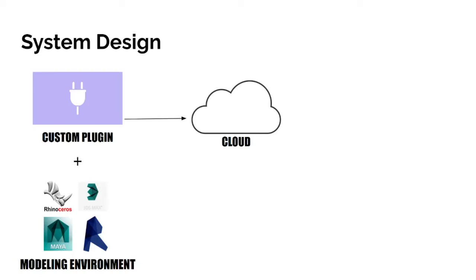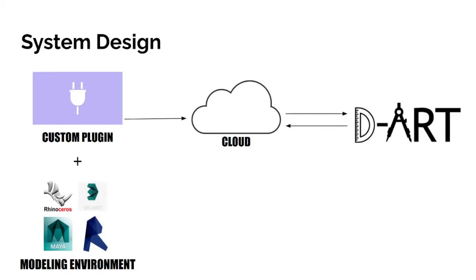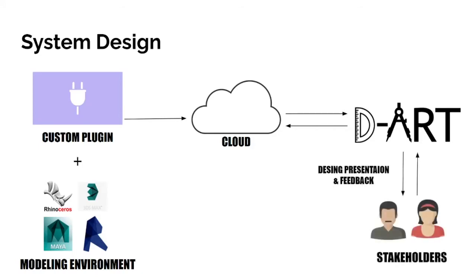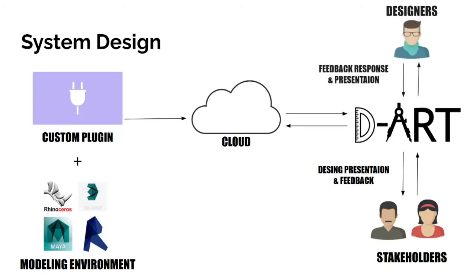Then, the interface called dArt pulls these design alternatives and presents them for stakeholders for design presentation and feedback, as well as designers who can respond to the feedback and see a presentation of all the available feedback.